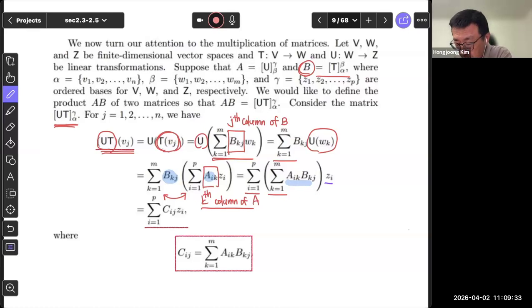Okay, then what does that mean? This UT is a composite function from V to Z space, the mapping from V to Z, and alpha is a basis for V, and gamma is the basis for Z. The matrix representing this composite will be filled with columns, and each column is the coordinate of each vector of alpha under this composite UT when gamma is used as a basis for Z space, right?